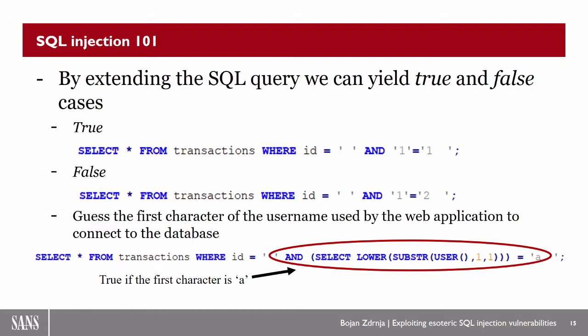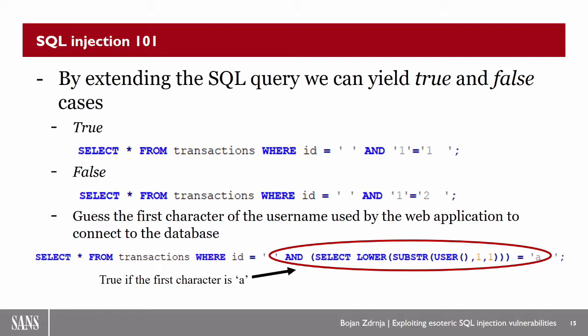That's what the function user does. With substring, we will take one character, the first character, okay? We will convert it into lowercase, and then we will check if this character is A. If it is, then all of this will evaluate to true. If it's not, then it will evaluate to false.